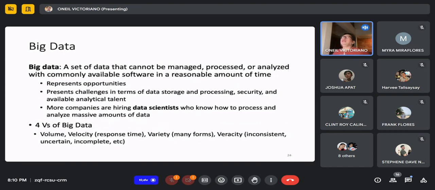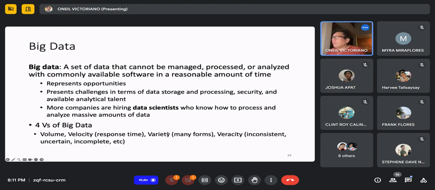So part of the analytics is the connection to big data. We see that it's big data because nowadays there's a lot of data. It's not purely small data, but rather humongous data that needs to be managed and processed, and we have four main big data V's. Volume, how big the data is. Velocity, the response time or the movement of data from one storage to other storage.